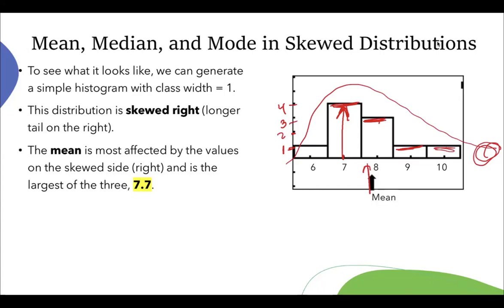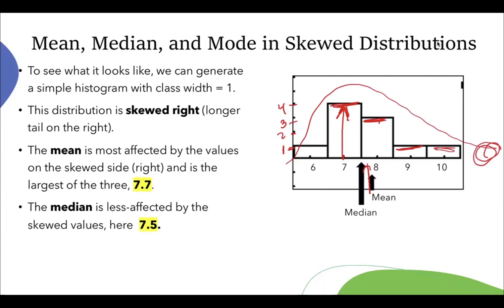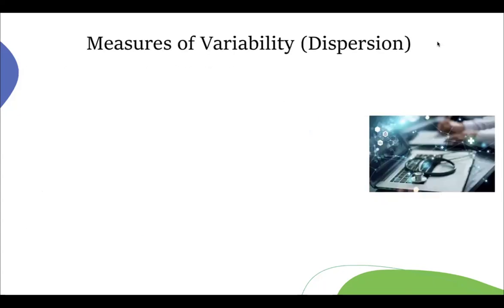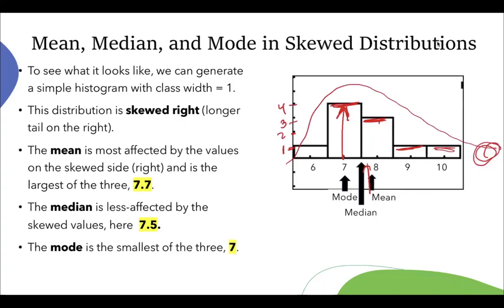And the median is going to be pulled up, not as far as the mean, but it is still going to be pulled up. It is 7.5. And the mode, unaffected, is the measure of central tendency that is least affected by anything going on in the left tail or the right tail, and that's 7. So we will see that relationship in all skewed right distributions.